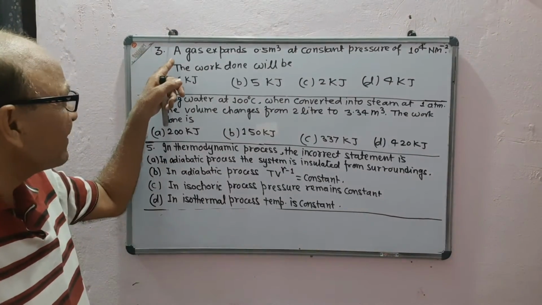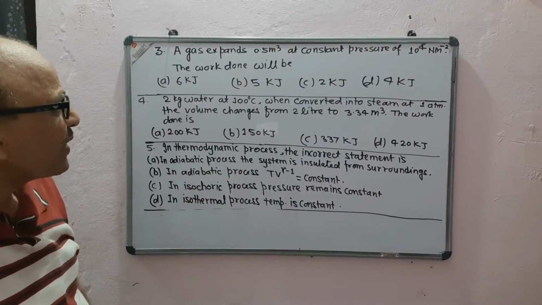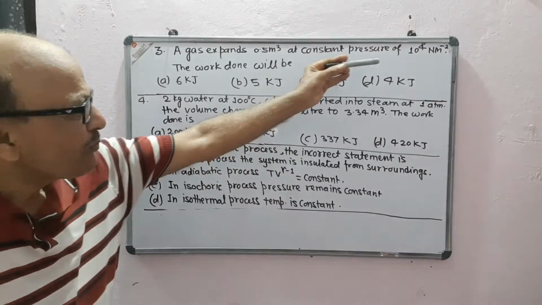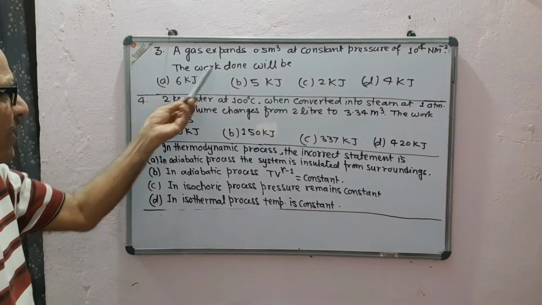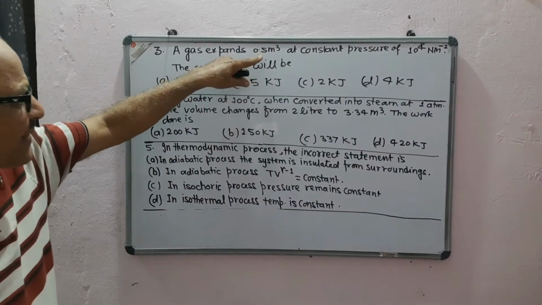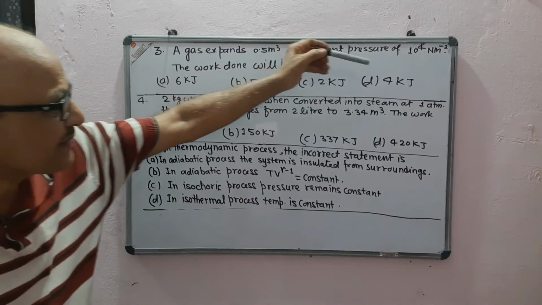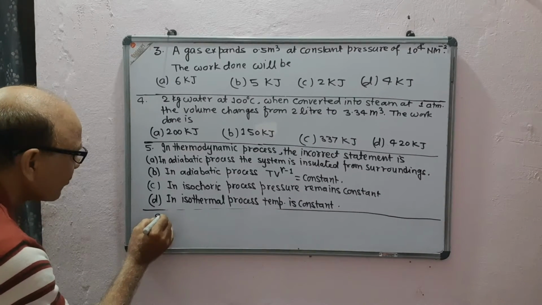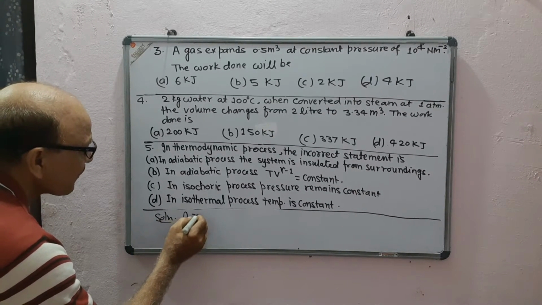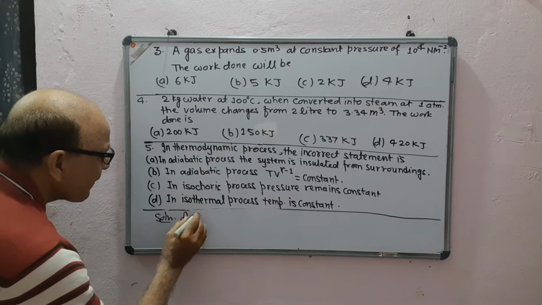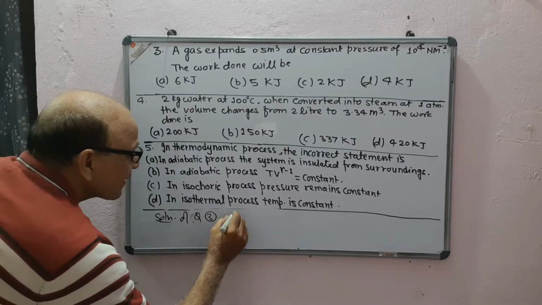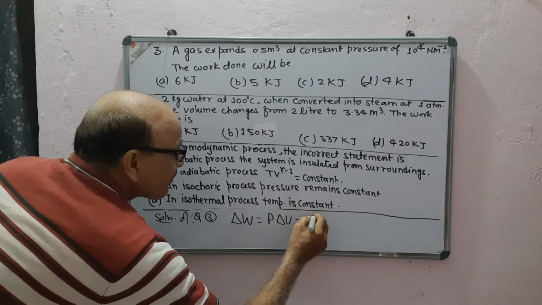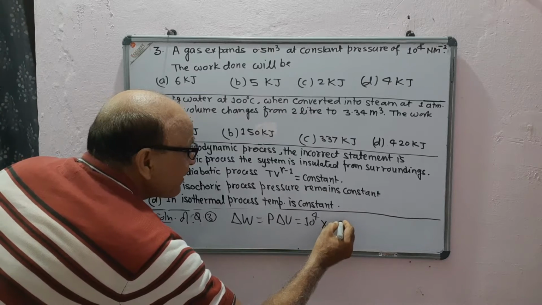Question number 3. A gas expands by 0.5 meter cube at a constant pressure of 10 to the power 4 Newton per meter square. The work done will be? Here this is delta V, the volume change, and this is the constant pressure P. Solution of question 3: delta W will be equal to P delta V. P is 10 to the power 4 and delta V is 0.5.